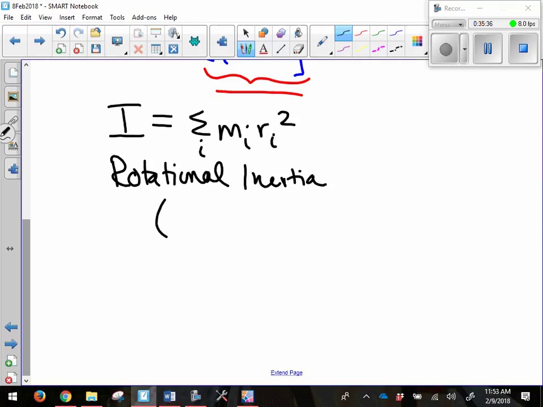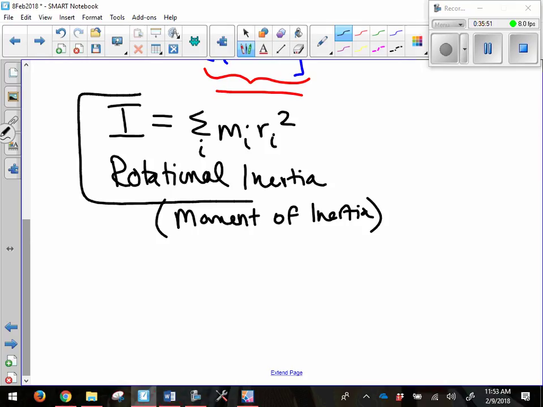Sometimes, especially if you have an older teacher, they might call it the moment of inertia. Moment is a physics thing. You can have a dipole moment. It's a measurement.